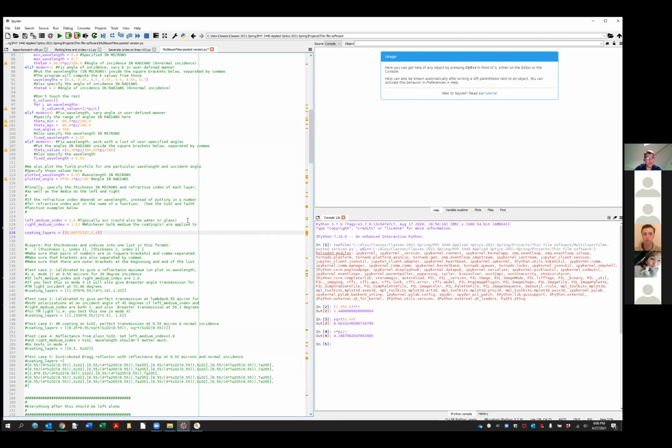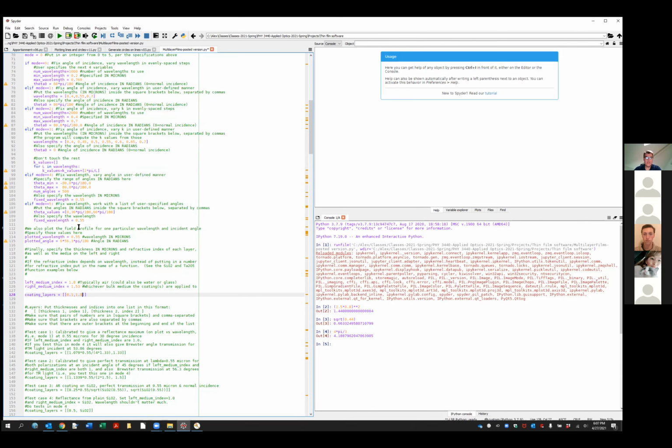We're going to put a little air gap between, all right? Let's start off with a 100 nanometer air gap. And the index will just be 1.0. So something very high index, an air gap, and then glass.